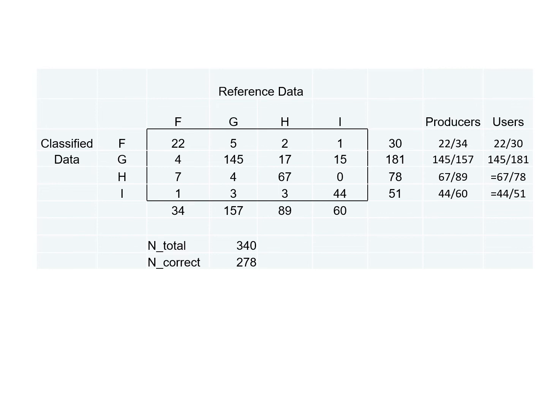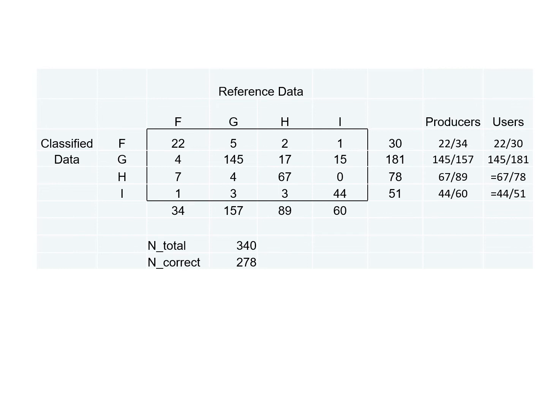So the users are always on the rows. It's just standard. So you're not really going to see from me where I put the reference data in the rows. I wouldn't do that.